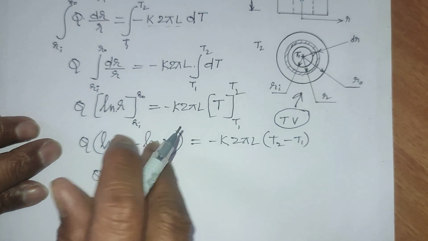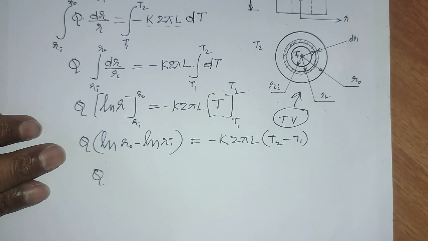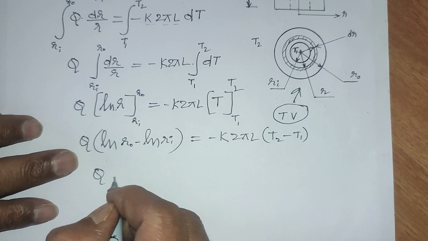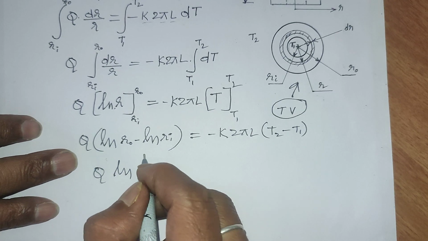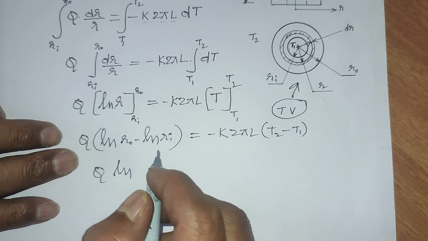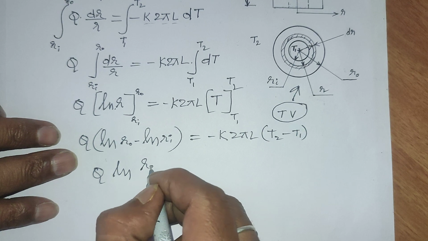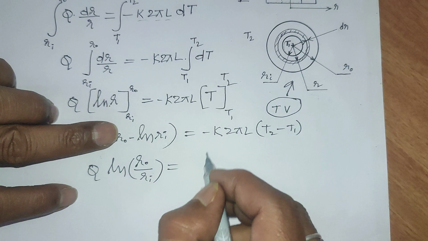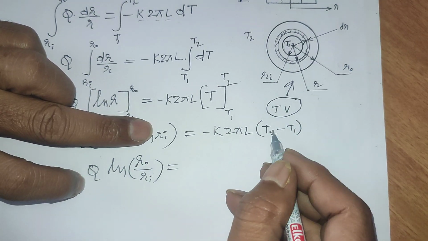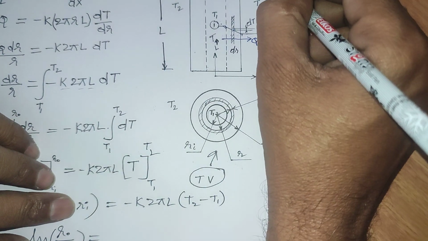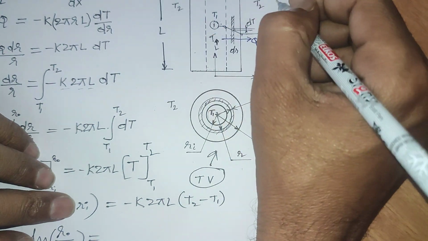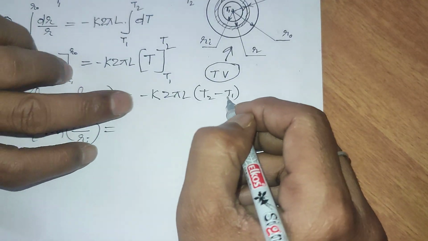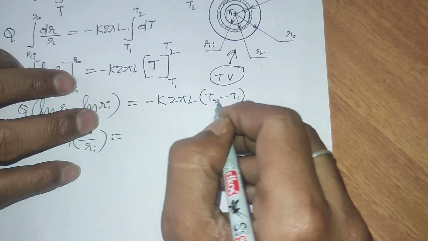Then Q into, by log algebra, we can write ln r naught minus ln ri, as ln r naught divided by ri, is equivalent to minus k 2 pi L times T2 minus T1. T2 is lesser than T1, so it will give a negative value.